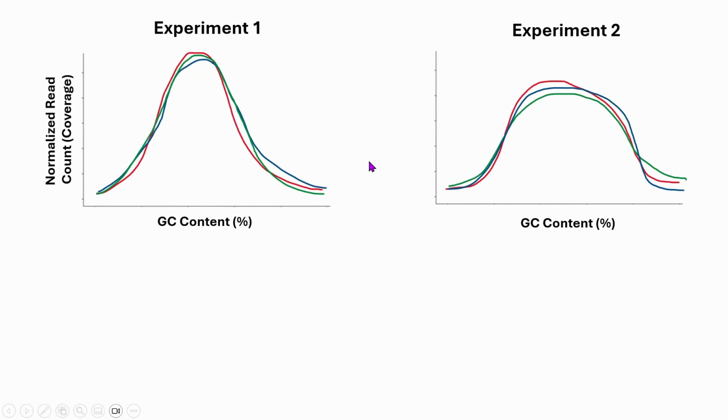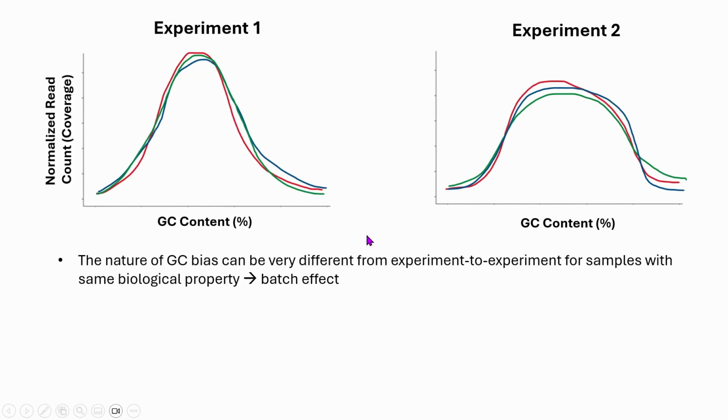And GC bias is one of the core backbones of the batch effect, which makes machine learning modeling very difficult to generalize. So just to summarize, the nature of GC bias can be very different from experiment to experiment, and this is called batch effect, which we are showing right here.